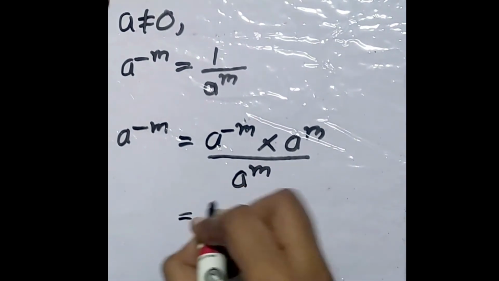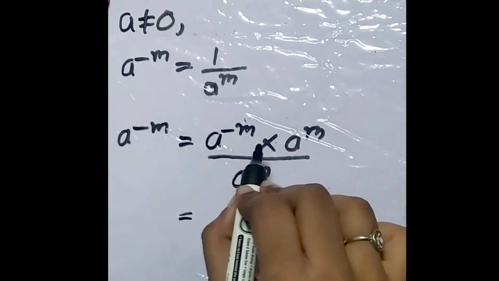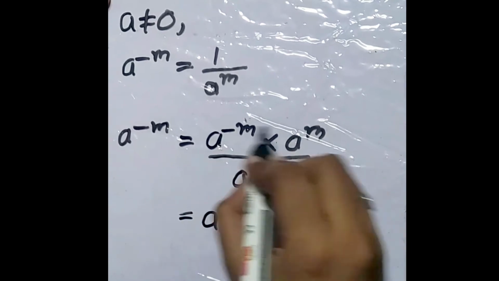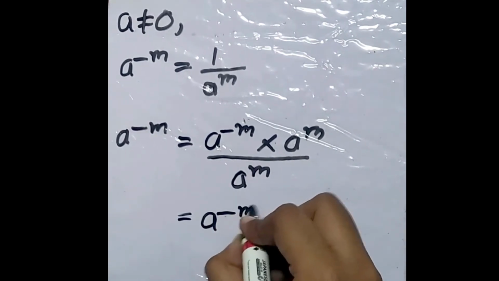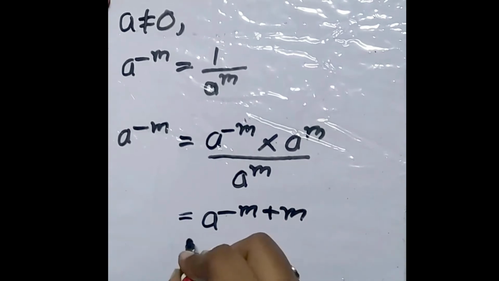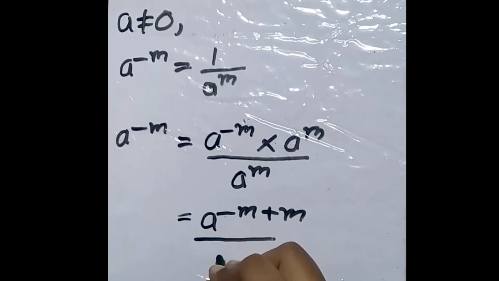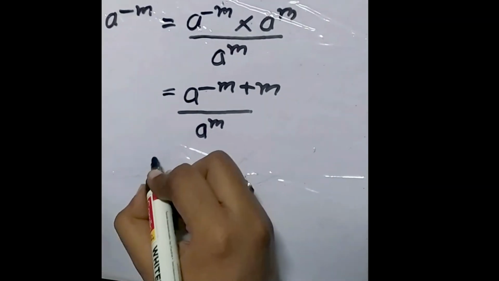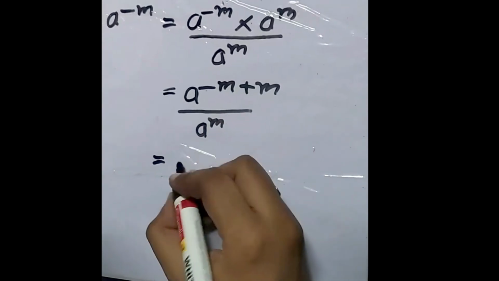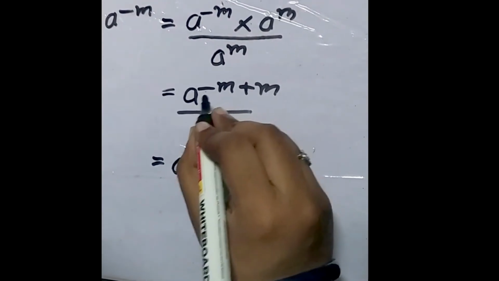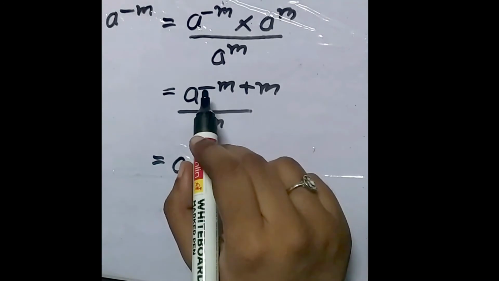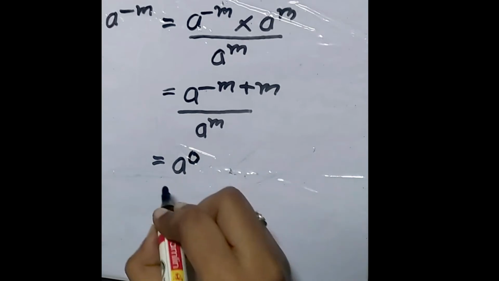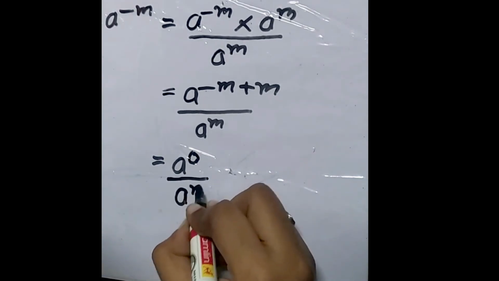Now in the numerator both bases are the same and there is a multiplication sign in between, so we can add both the indices: a raised to minus m plus m, upon a raised to m in the denominator. Now a raised to minus m plus m will become a raised to 0, since minus m plus m is 0, upon a raised to m.